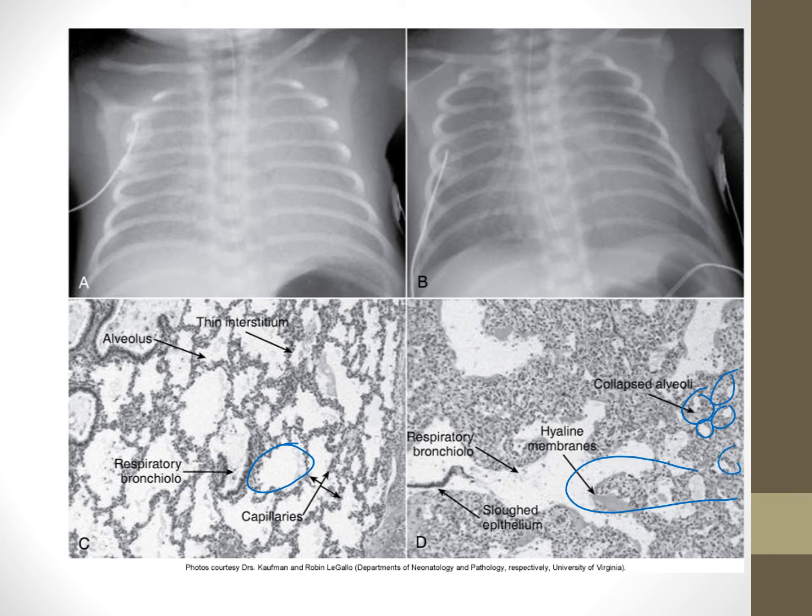It makes things harder and harder, right? You're still going to see that ground glass appearance on their x-rays. Go over this in your book. We won't spend a lot of time on this x-ray here. I have a whole separate lecture on neonate x-rays and diseases.